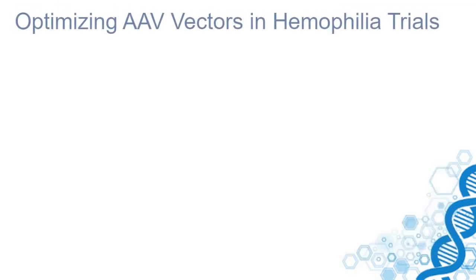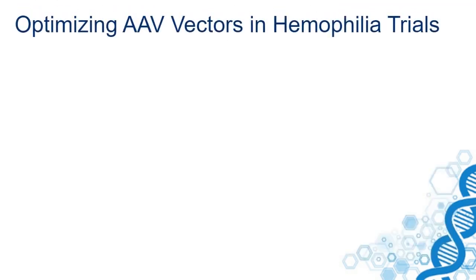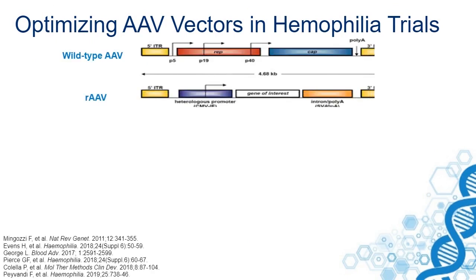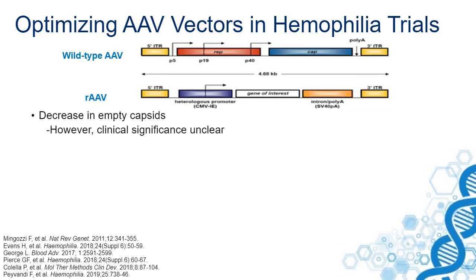To use these vectors for hemophilia, there's been work over the years to improve the expression. Initially, there was a concern that immune response to the capsid could be decreased by removing empty capsids, which sounds like a good idea and probably is, although whether that has modulated the general immune response is unclear.